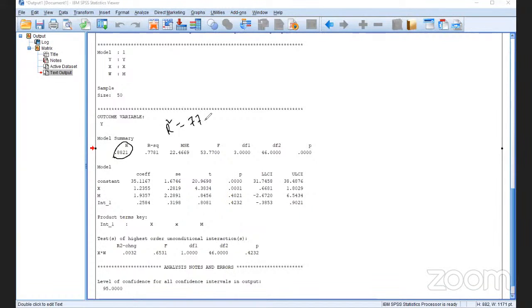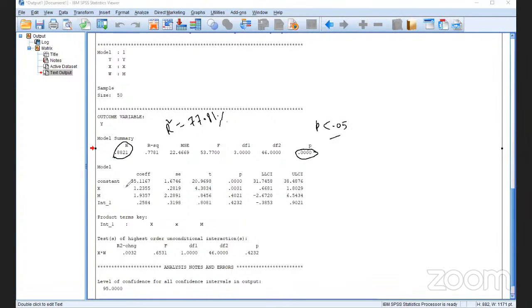Coefficient of determination tells us that these two variables are influencing the outcome variable, and the total variance in the outcome variable is 77.81%. Okay, and this is mean square error, then the F value, and we check this value. P should be significant, it means less than 0.05. So there is no problem.